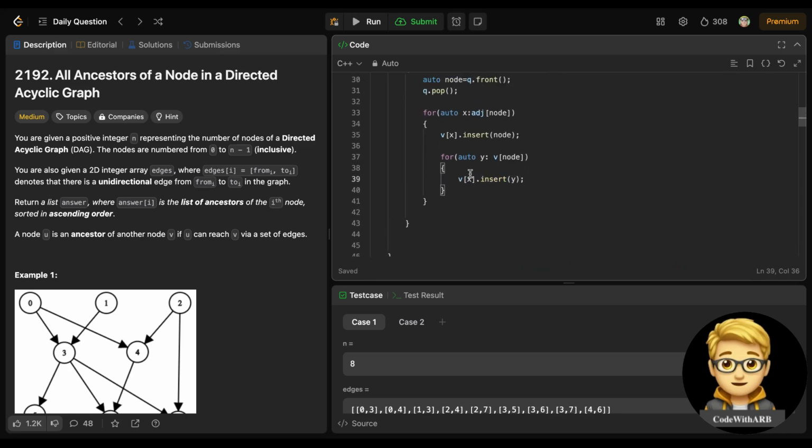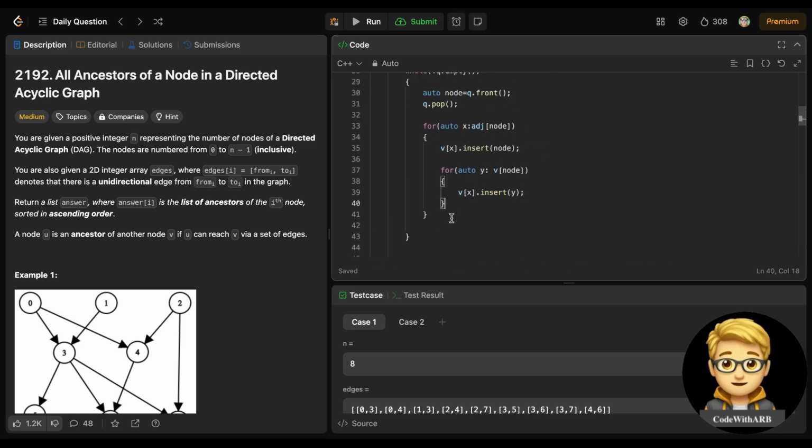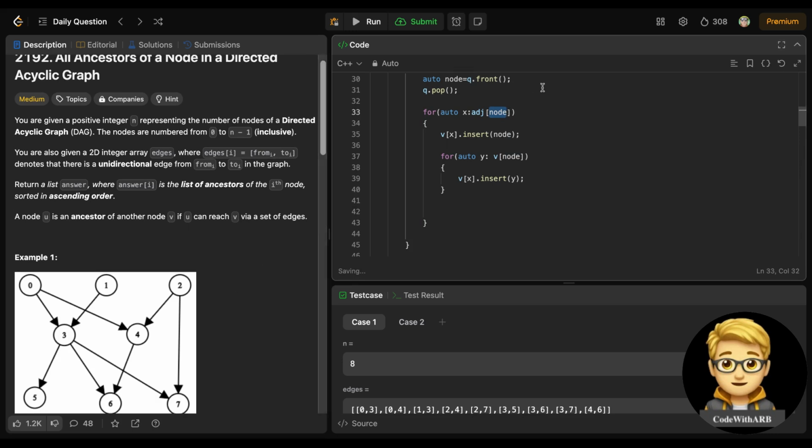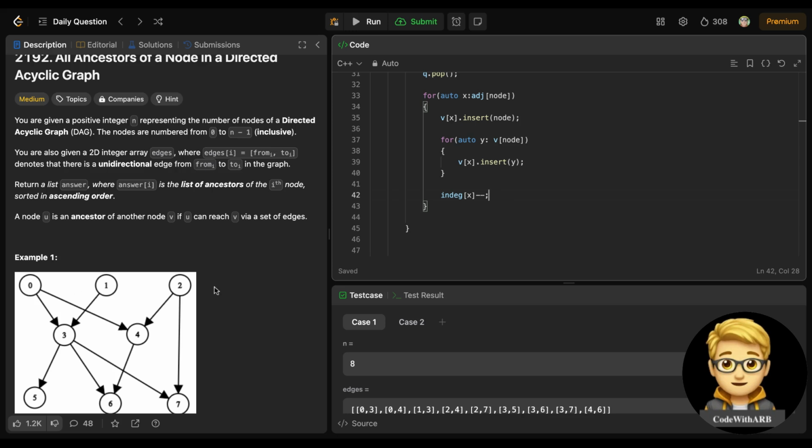And after that, what I need to do, so this is basically x nodes. So after that, this node is already taken. So this needs to be deleted in sorted order. So if it is deleted, its edge will also be neglected for this x. So for x, the in degree will also be reduced, because if 0 1 and 2 are removed, this edge will also be removed for 3.